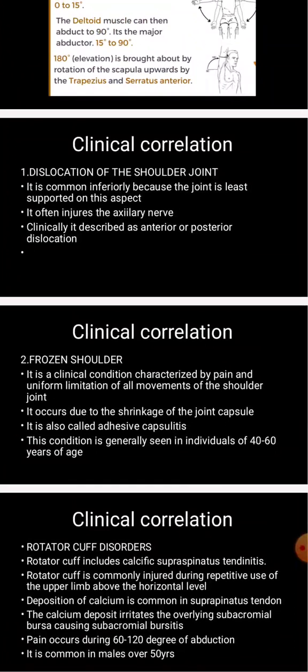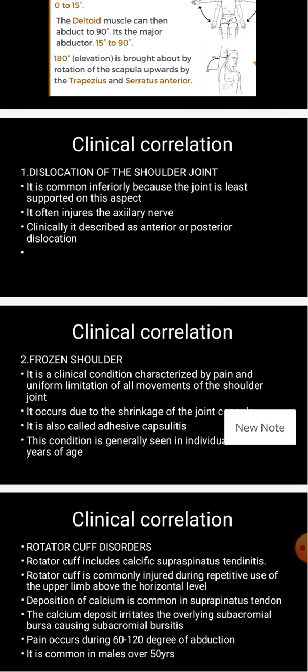The third is rotator cuff disorder. Rotator cuff disorders also include one more condition, calcific supraspinatus tendinitis. The rotator cuff is commonly injured during repetitive use of the upper limb above the horizontal level, like sports persons doing, for example, bowling. There will be deposition of calcium in the supraspinatus tendon, which is a very common condition.